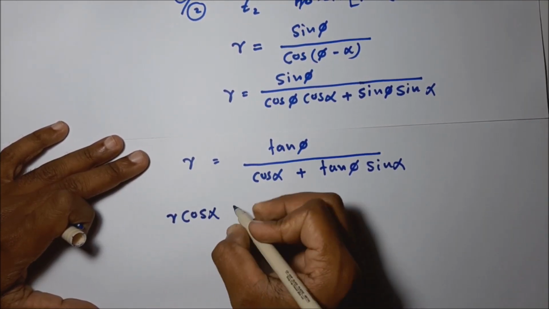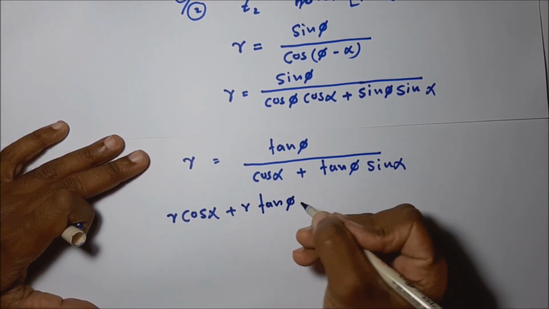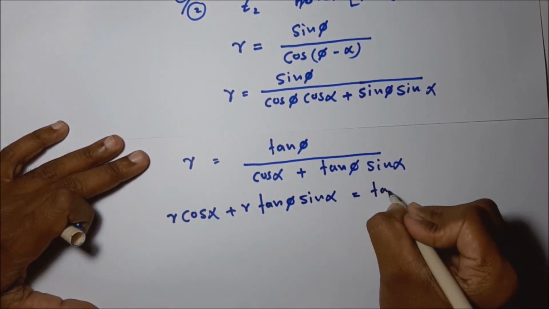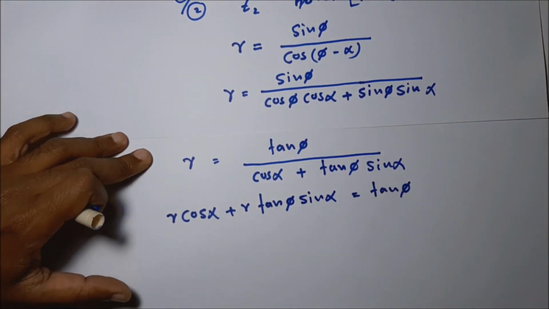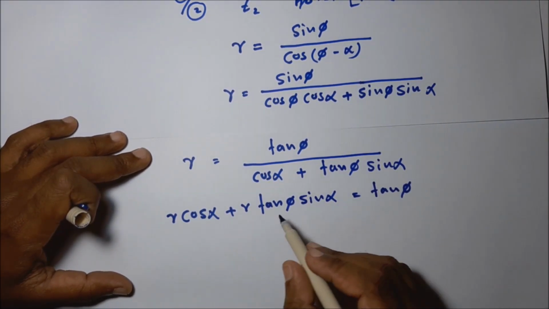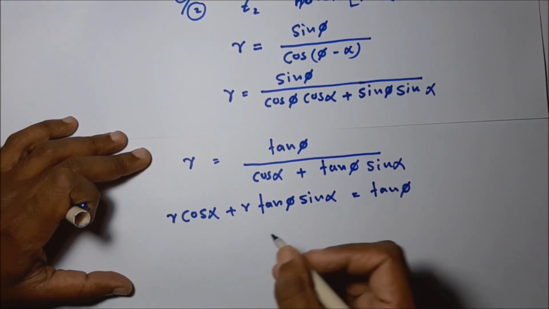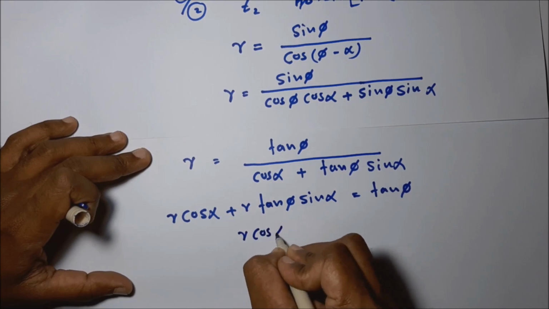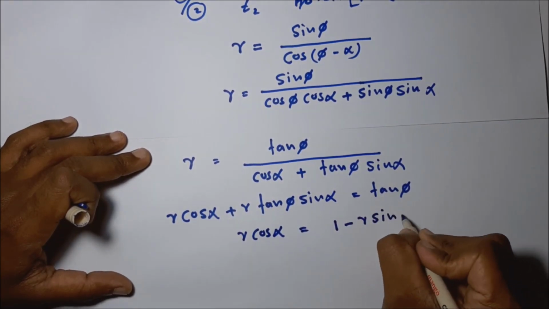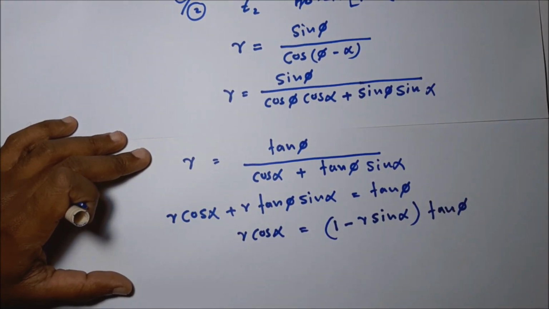So r cos alpha plus r tan phi sin alpha is equal to tan phi. Then by taking the phi terms to one side, r cos alpha is equal to 1 minus r sin alpha, into tan phi.